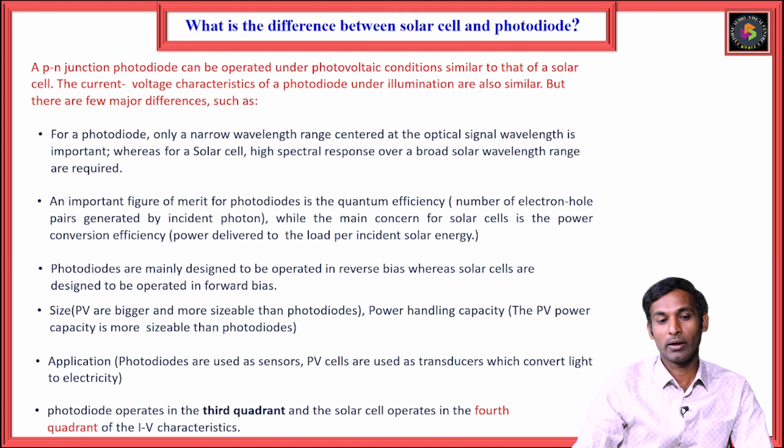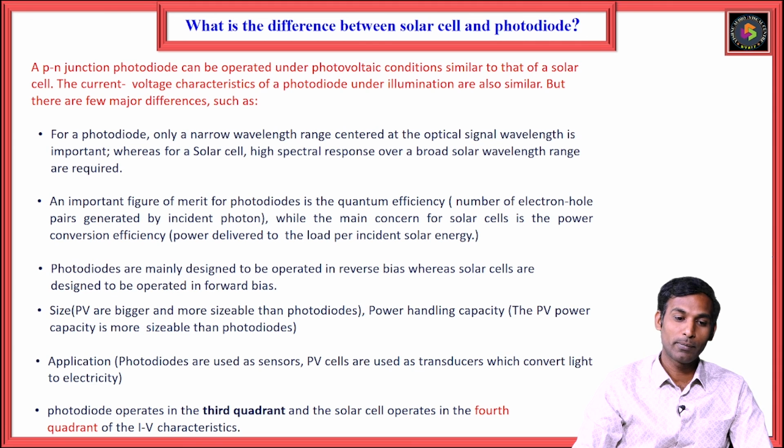For example, in a photodiode, only the narrow wavelength range centered at the optical signal wavelength is important, whereas in a solar cell, high spectral response over a broad wavelength range is required. So the important figure of merit for the photodiode is the quantum efficiency, that means the number of electron hole pairs generated by the incident photon.